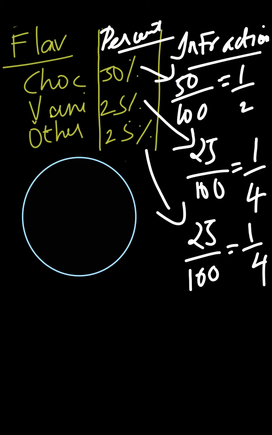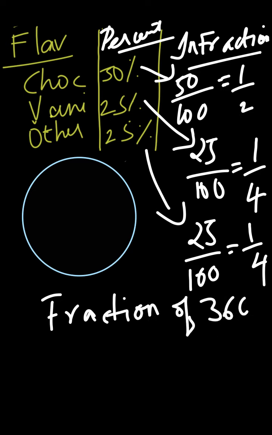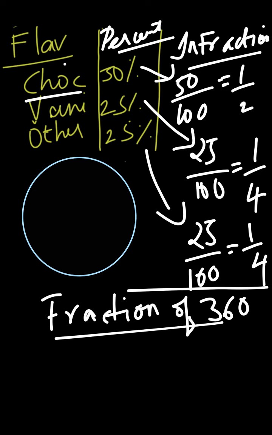Now we have to find the fraction of 360. Out of 360, how much will it be? After the fraction, that has to come. I have no space, so I've written it down. First, chocolate flavor is 1 by 2. That means half of 360, which is going to be 180.